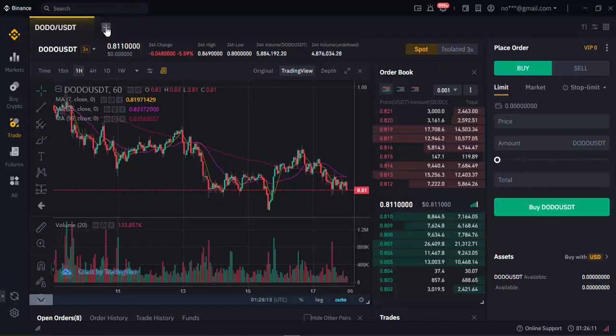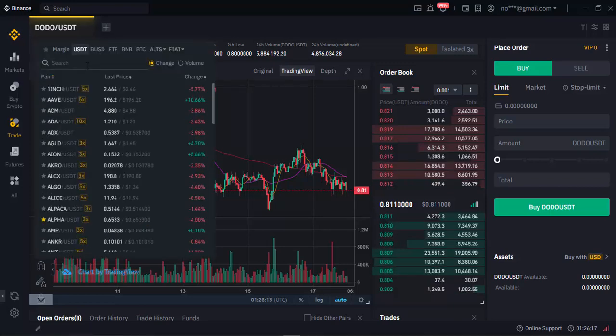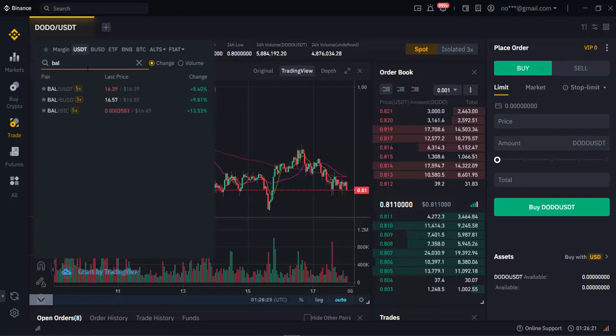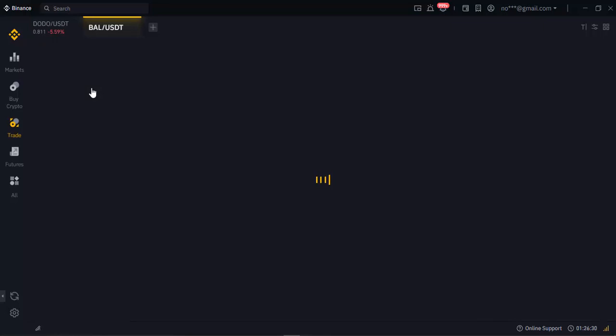Back inside Binance, we click on the plus button, BAL USDT. This is BAL USDT, and if you remember, the signal suggests to buy between $15 to $16 USDT.